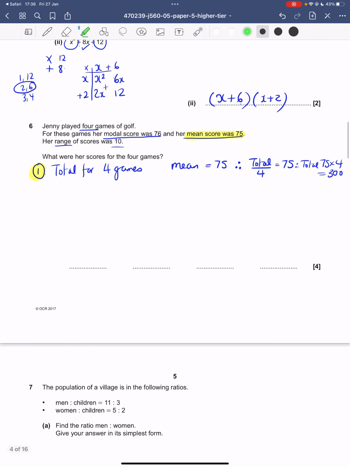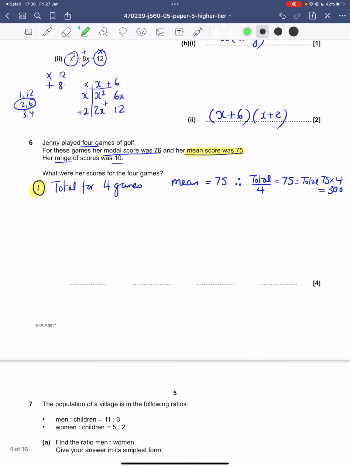Next bit of information is that the modal is 76. So if the modal is 76, that means we've either got two 76s or three 76s.